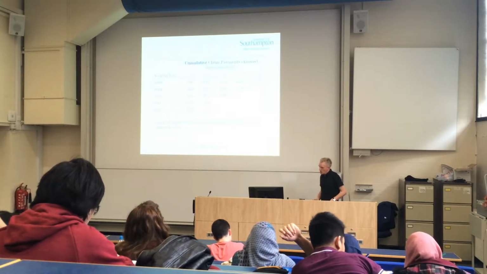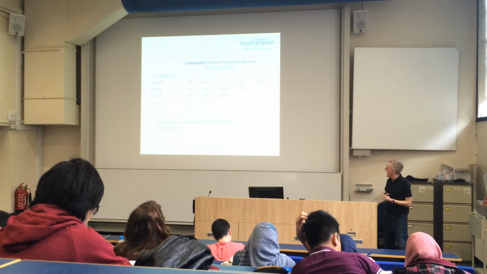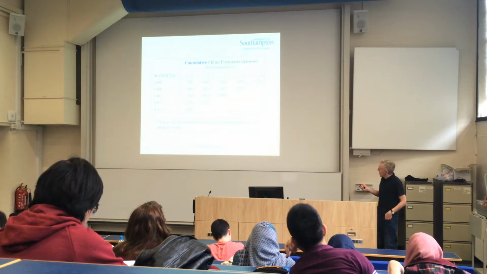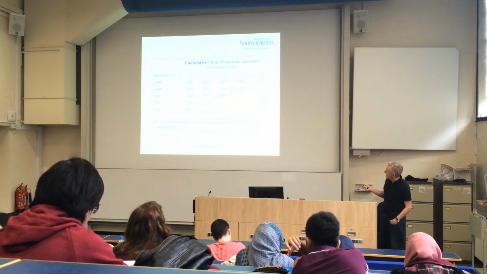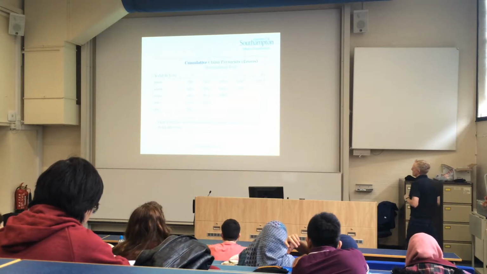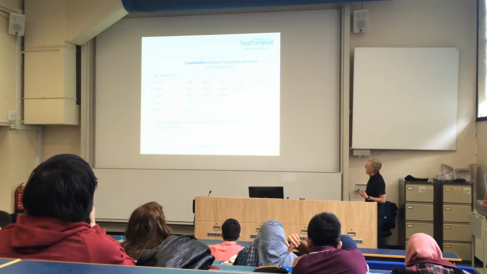Okay, so we'll just take you back. This is exactly the same example that we had last Friday. Just to remind you, the rows correspond to different accident or origin years where claims incidents took place.